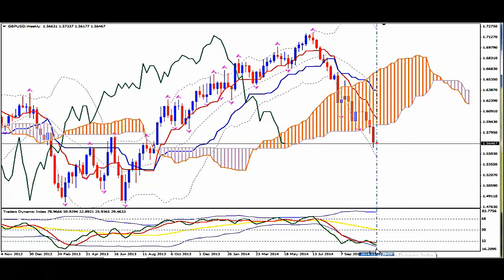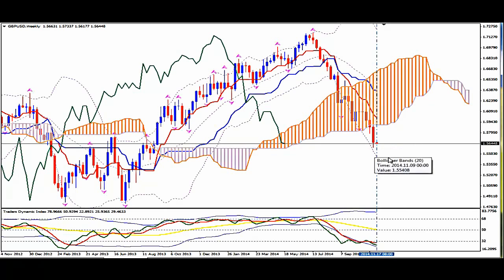TDI is already at the lower blue line, and we see that the green line, although it is below the red, has touched the blue line. It is possible to make an angle and start going upwards, and we see a spike on the previous big body bearish candlestick.